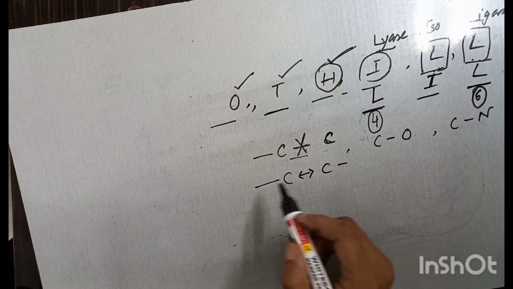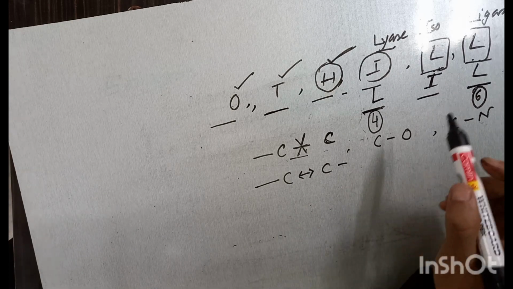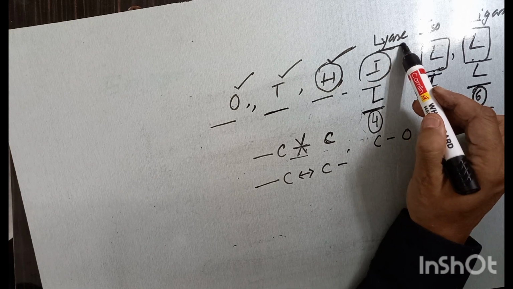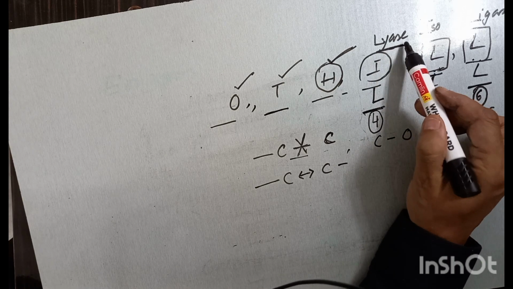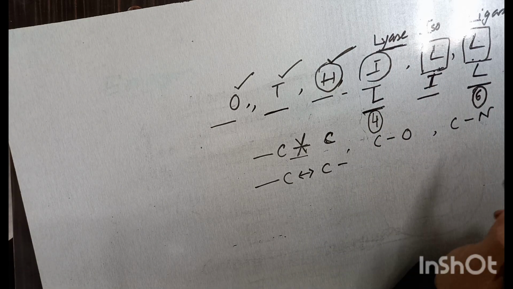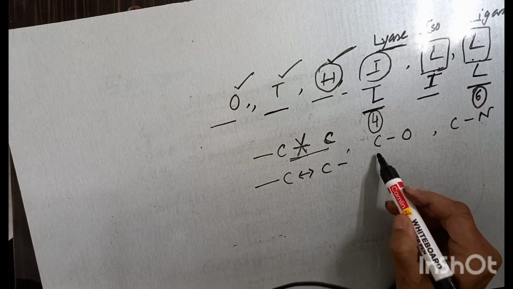So enzymes are further classified. If you say that it's a class 4 enzyme, we say that it's a lyase. Is there any more detail that you can tell? Yes, I can detail it by saying it's a CC lyase or a CO lyase.